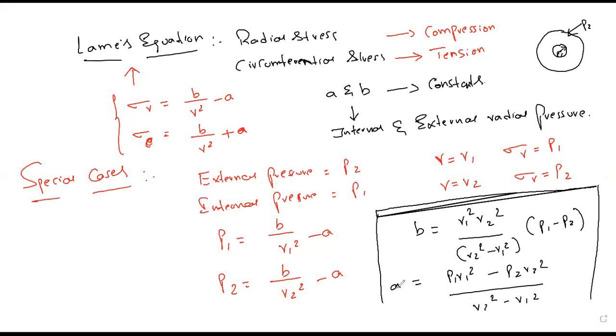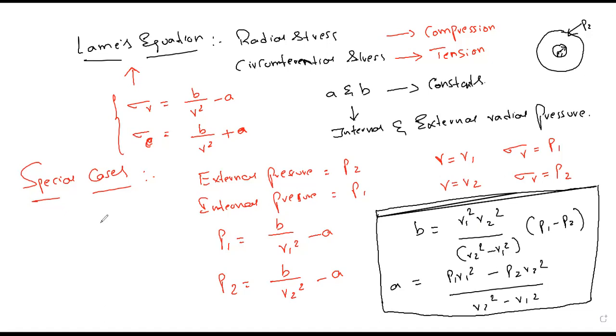Based on the internal radius and external radius, and the internal pressure and external pressure. By substituting these two values in this formula, you can evaluate the pressure P1 and pressure P2. Understand? See why this case is very important.